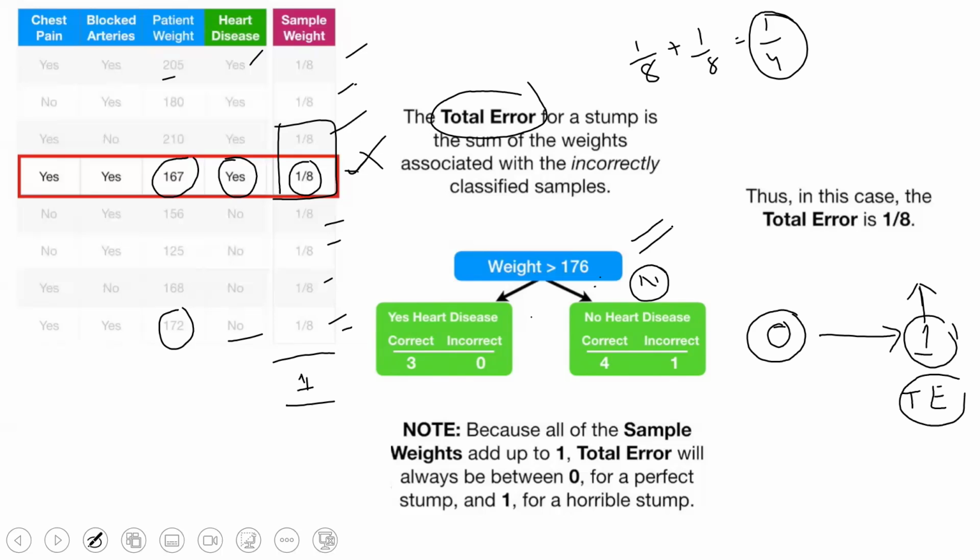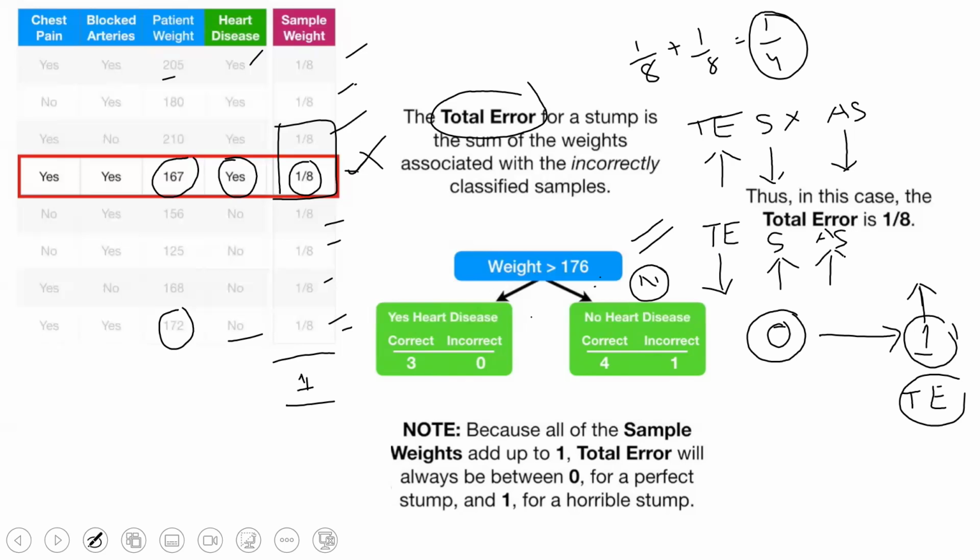When the total error is high, the stump is not doing a great job in the classification, so the amount of say has to be low for that stump. When the total error is low, the stump is doing a great job at classification, so the amount of say has to be more.